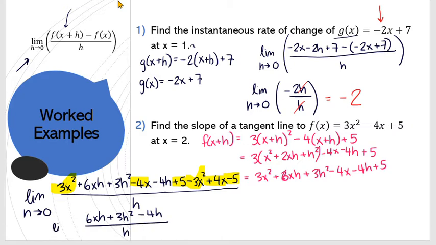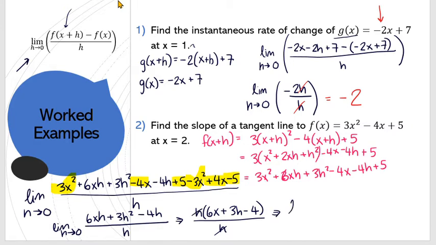And we're still thinking about the limit as h approaches 0. This is not great because that gives me a 0 on the denominator, but maybe I can do some factoring on the top. I can pull out an h, it's common to all terms: 6x plus 3h minus 4, all of this still over h. Now these cancel.